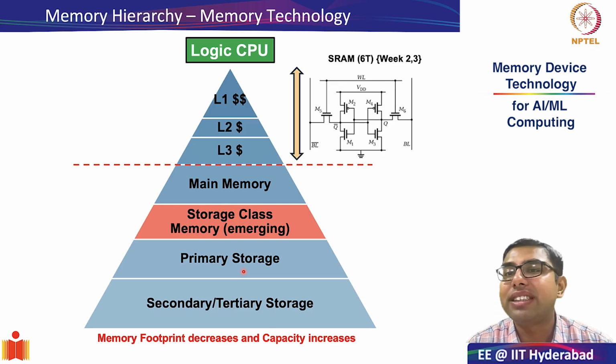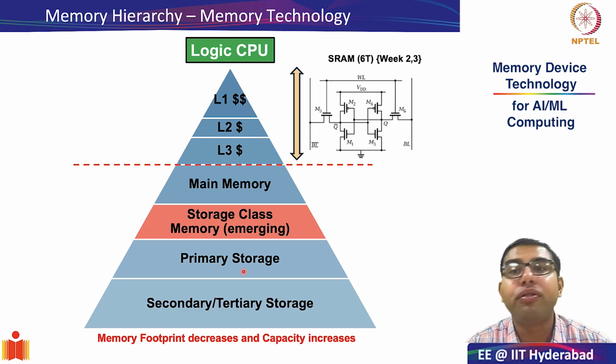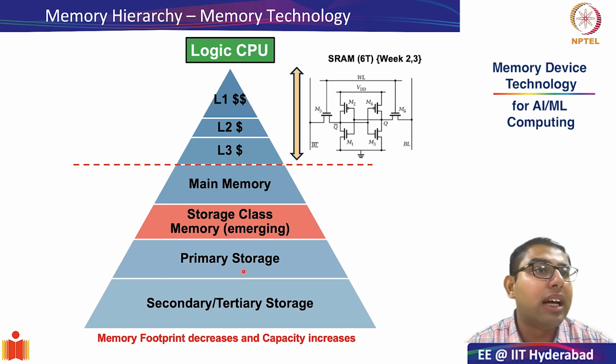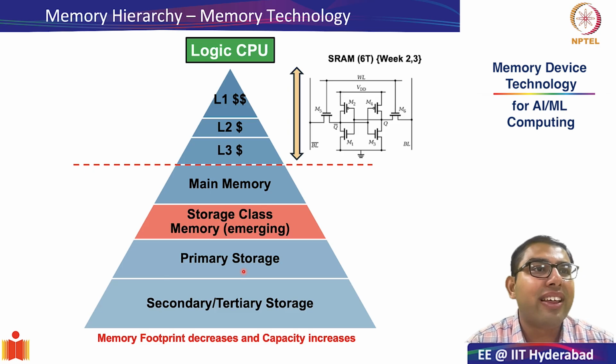The details of SRAM cells we will look at very closely in the second half of week 2 and also week 3. I am not mentioning here the flip-flops and the latches which constitute register technology, used to make registers in the CPU subsystem, because the volume is not that large to be really addressed.